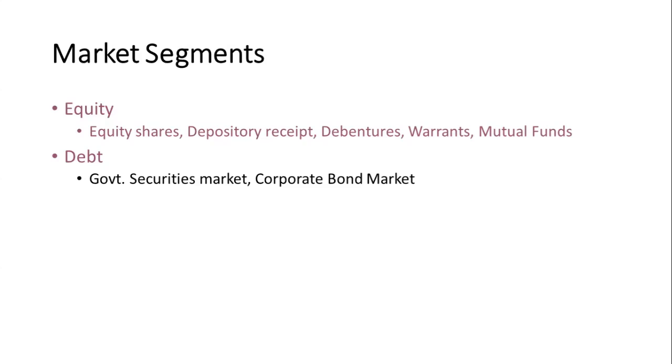Followed by the corporate bond market. This market is where debt securities of corporates are issued and traded. Corporate bonds are usually issued by companies to meet their needs for money.